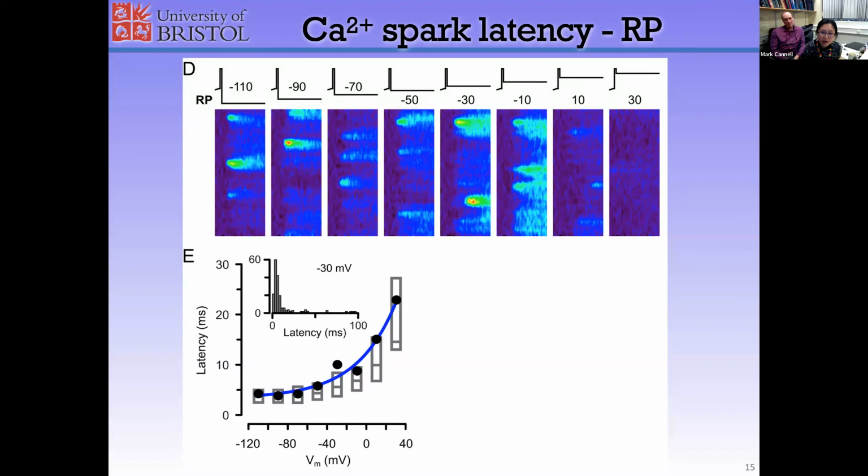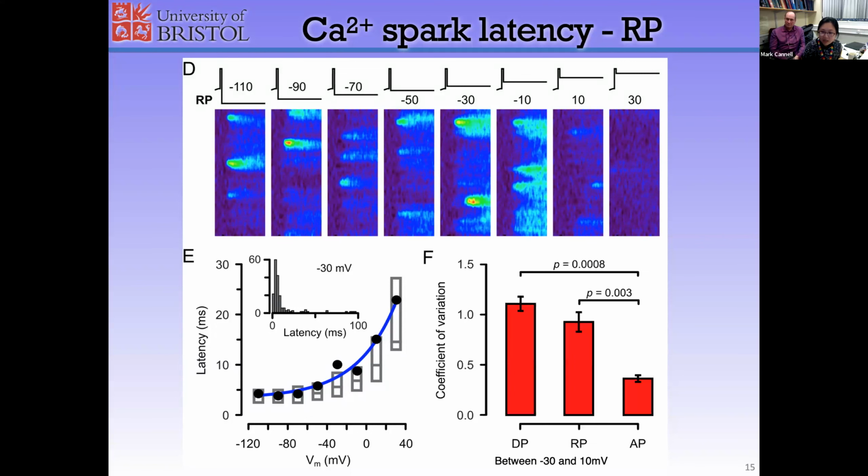Now, when we're thinking about these different protocols that we've applied to the cell, we thought that during RP, because we removed one source of variance, that is the timing of L-type calcium channel opening, the variability in calcium spark activation may be reduced. And there is a trend of the variation of calcium spark latency being smaller in RP compared to DP.